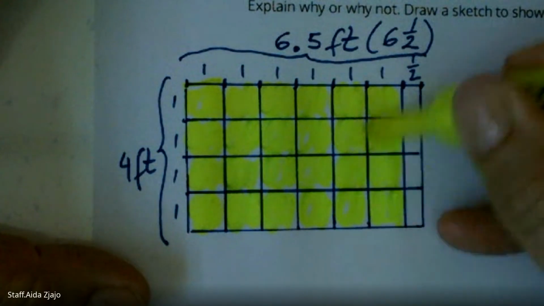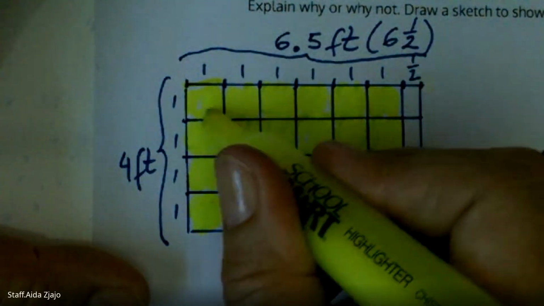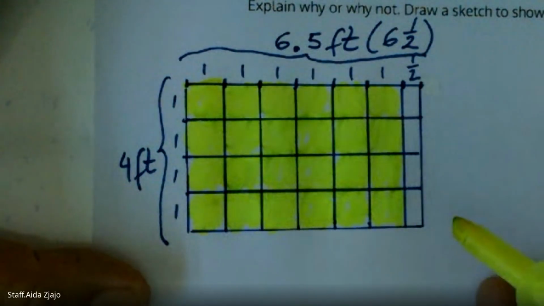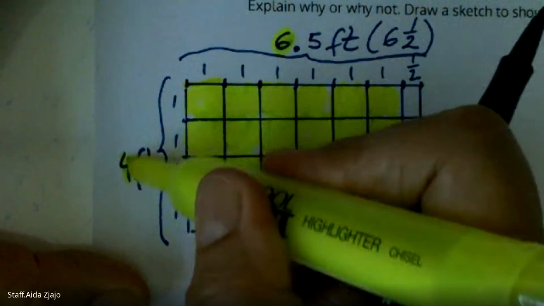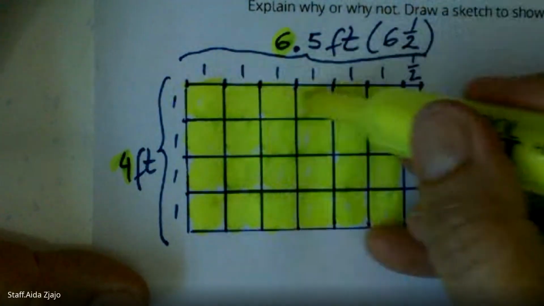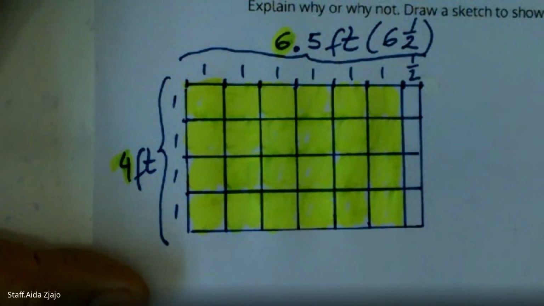I'm going to show you how that is connected. So 24 whole square feet. You can see that 6 times 4 is 24. So 4 by 6, 6 times 4 makes 24 whole squares.